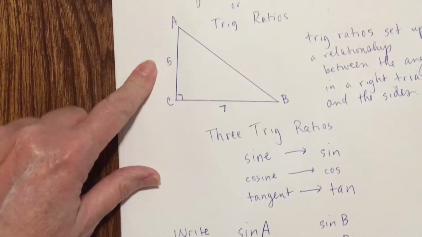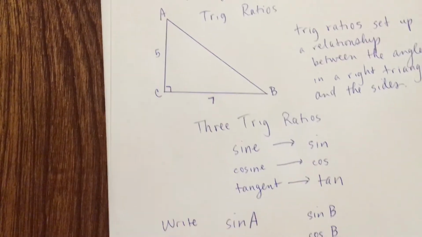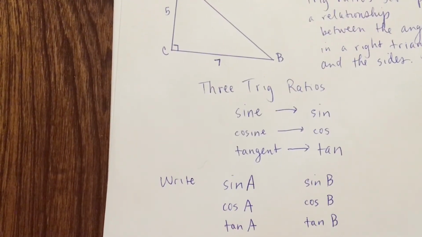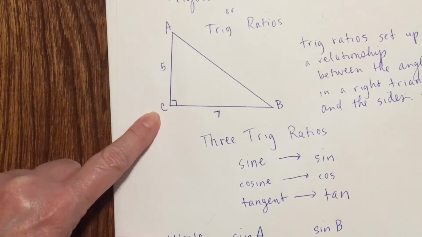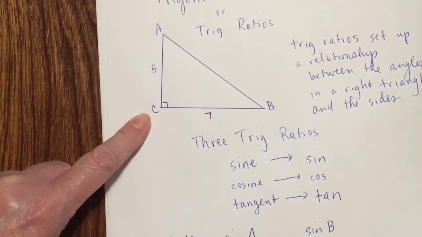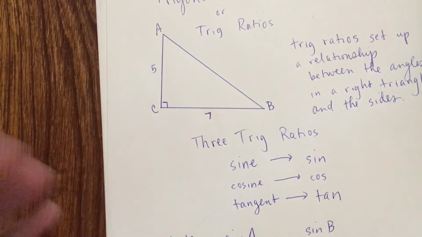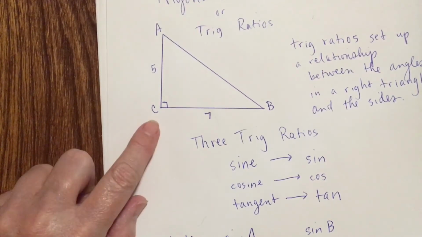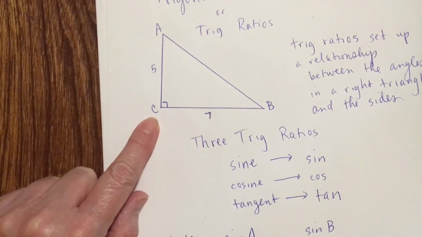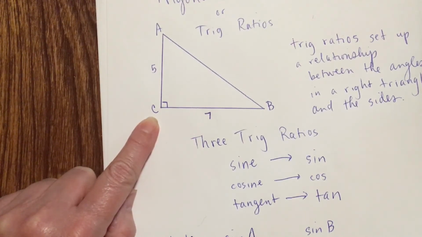If I'm looking at a triangle and we're doing the trig ratios, generally we'll stay away from the right angle. I did see on one of the other videos sine of the right angle, cosine of the right angle, tangent of the right angle.